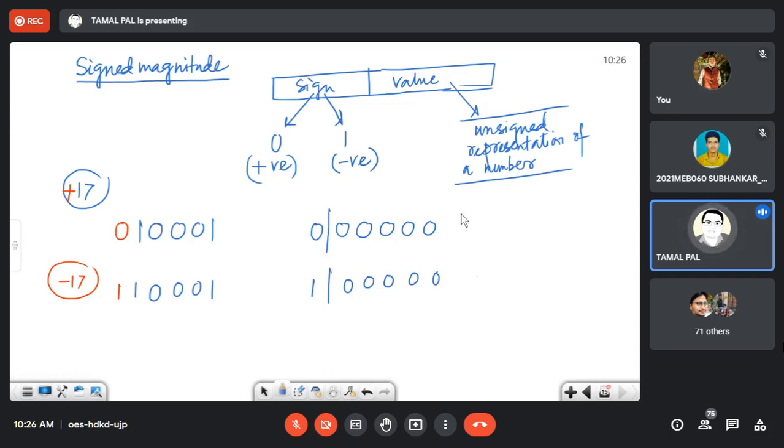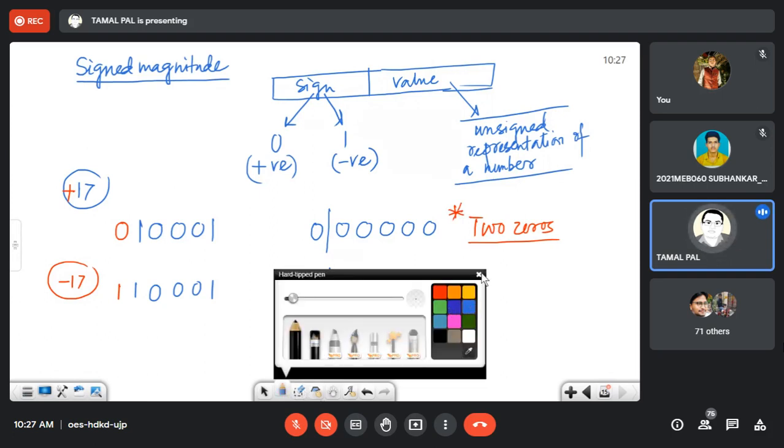Mathematically plus 0 and minus 0 don't exist. These two things are the same. But here we have to represent them differently. So that is actually the root of the confusion. Two zeros. This is the problem. And let us check what is happening for ones complement.